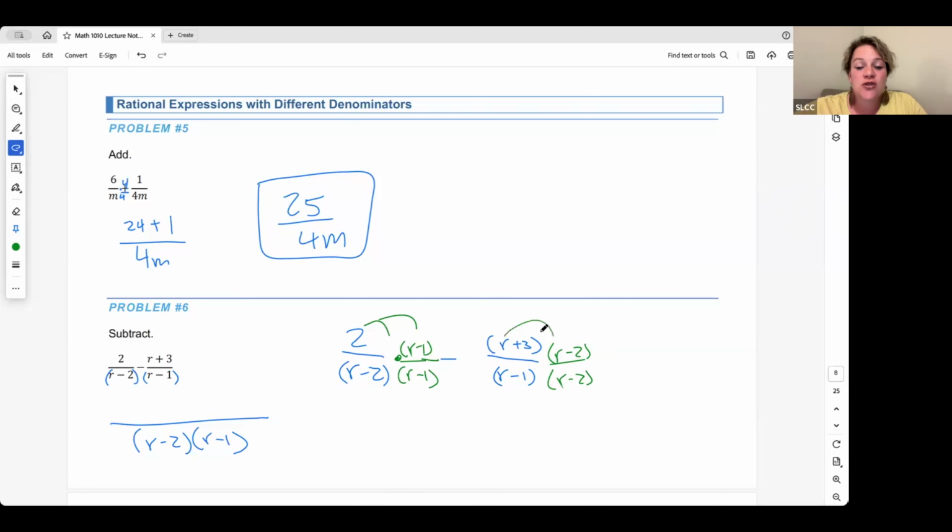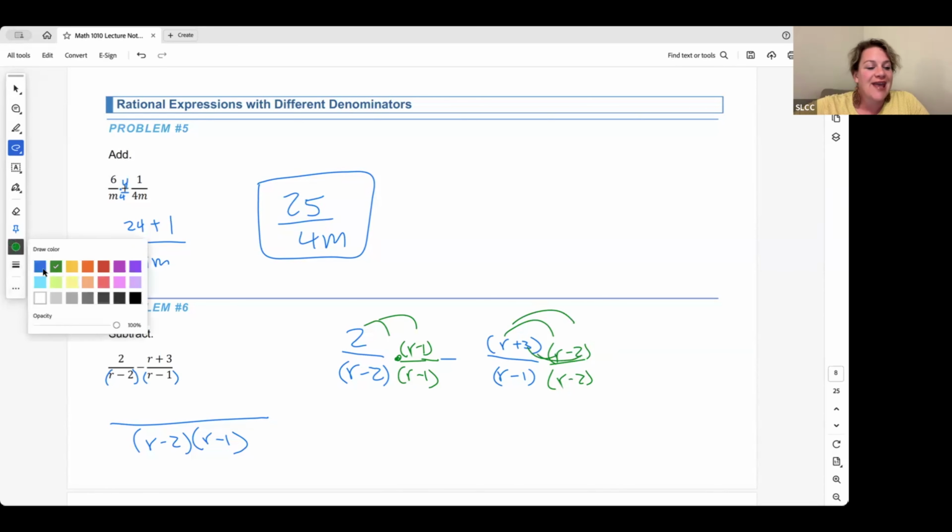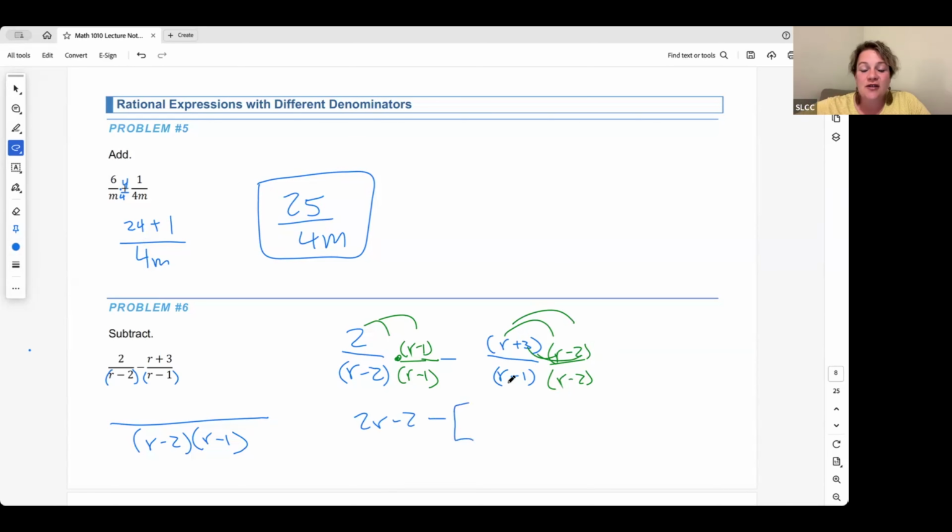So make sure you take the r through and the 3 through. Okay, let's do it. The first piece will be 2r minus 2. Then I'm subtracting this whole entire thing, which when I distribute, I get r squared minus 2r plus 3r minus 6. And then that whole piece is over r minus 1 times r minus 2.